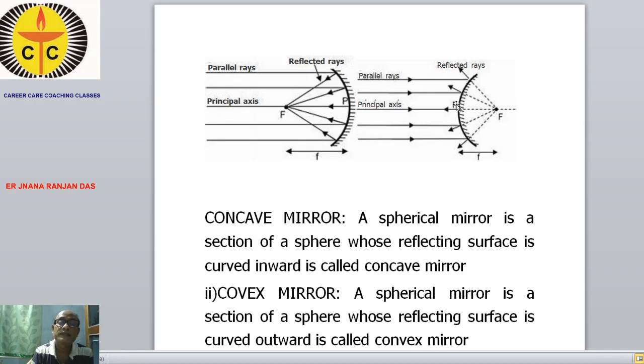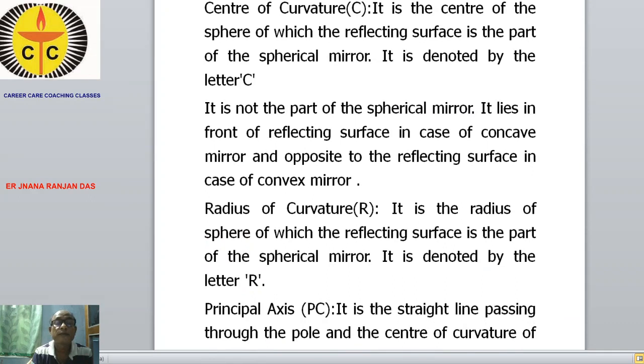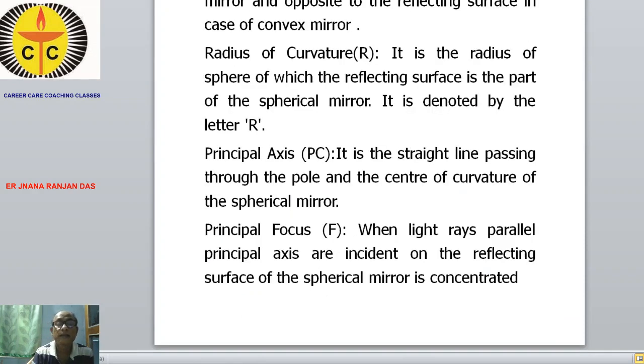All reflected rays in case of a convex mirror diverge from each other, and if extended to the other side of the convex mirror, they appear to meet at a point. So these are the important terms of spherical mirrors.